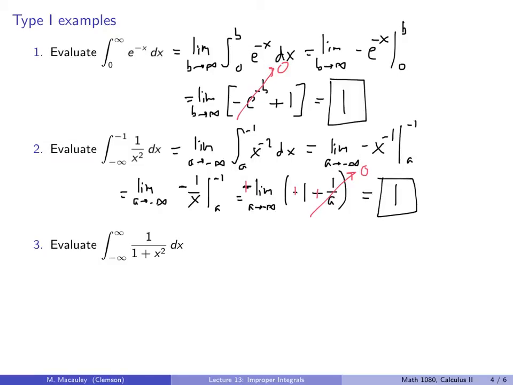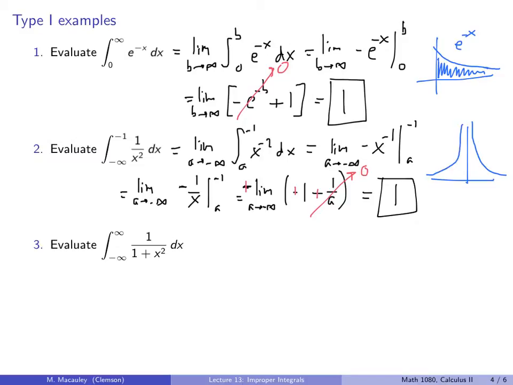So this is a picture. This first one is the area under the curve of e to the negative x. It looks like an exponential decay function, and this just says that this area is equal to 1. And the second one is, so 1 over x squared looks like this.